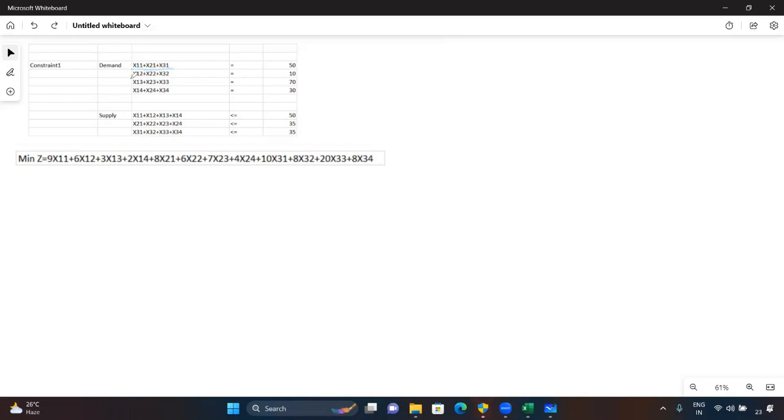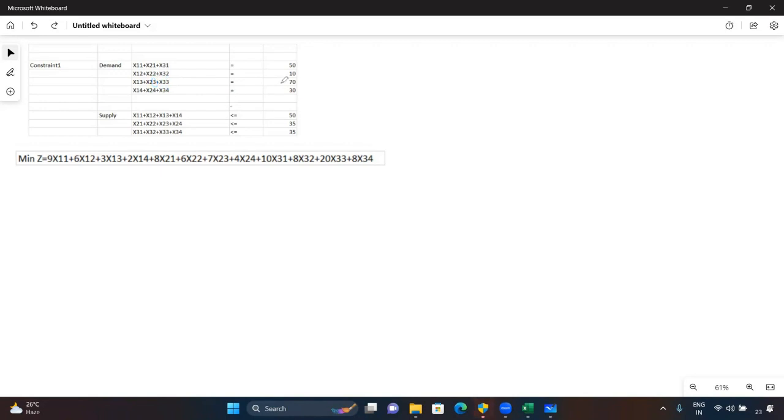Similarly, here also the source is changing from 1 to 2 to 3, but the destination remains constant, that is 2. For this one also, the source changes from 1 to 2 to 3, but your destination is 3, which is constant.